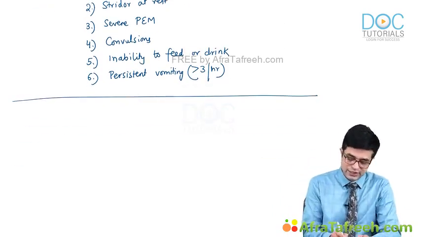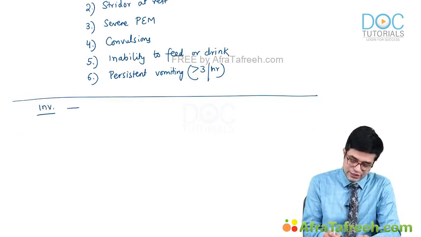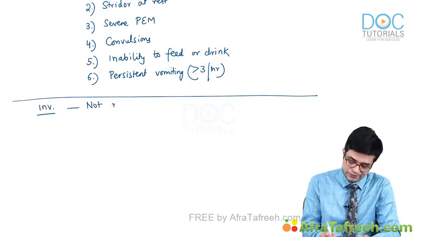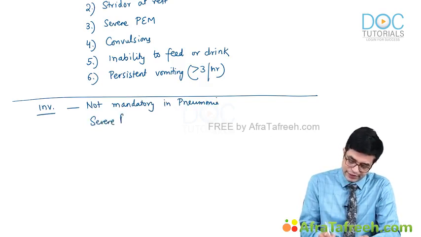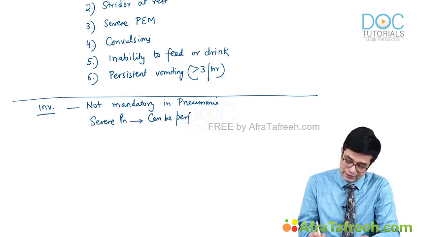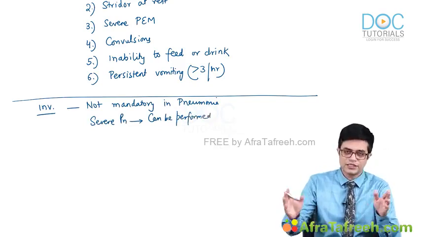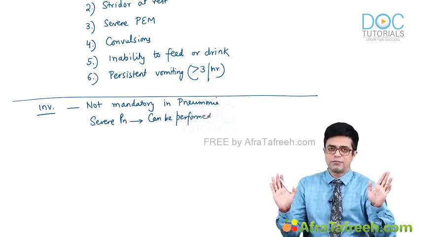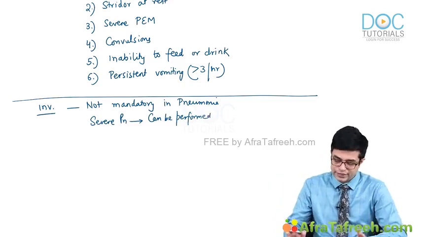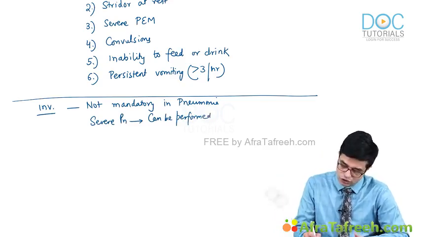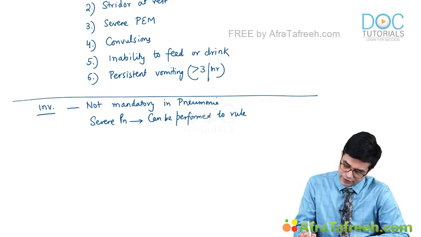Now, coming to investigations. Investigations are not mandatory in pneumonia. However, in case of severe pneumonia, they can be performed. Can be does not mean you must do it, because the diagnosis is based upon clinical findings. In severe pneumonia, they can be performed to rule out any complications.